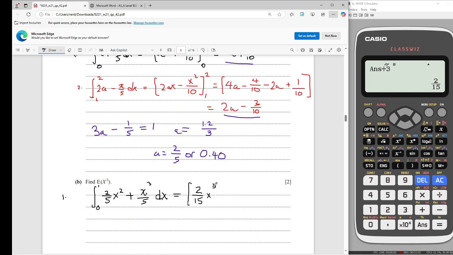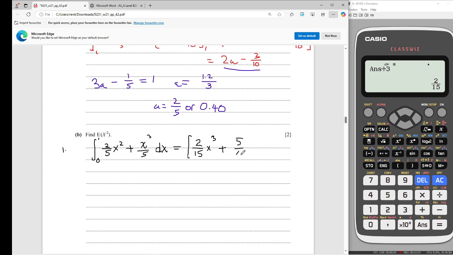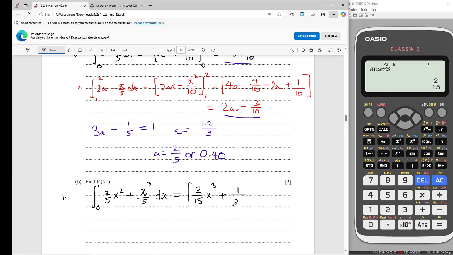The second one, x cubed over 5, is going to be 5 over 4. Wait, no, it's not going to be 5 over 4. So 4 to the power, okay, it's going to be 1 over 20. Got a bit lost over there.